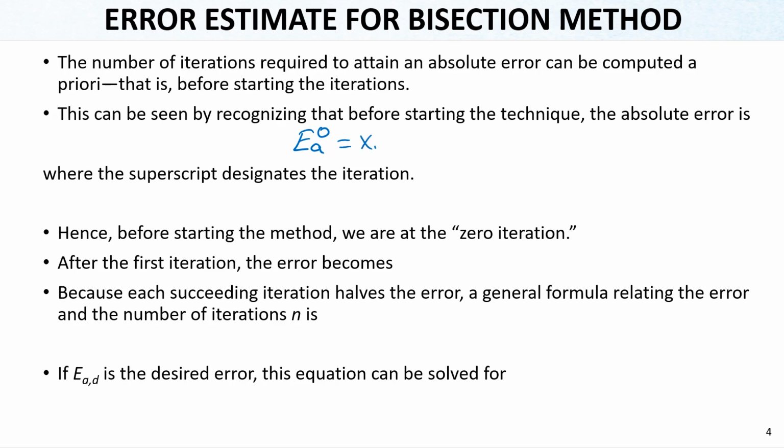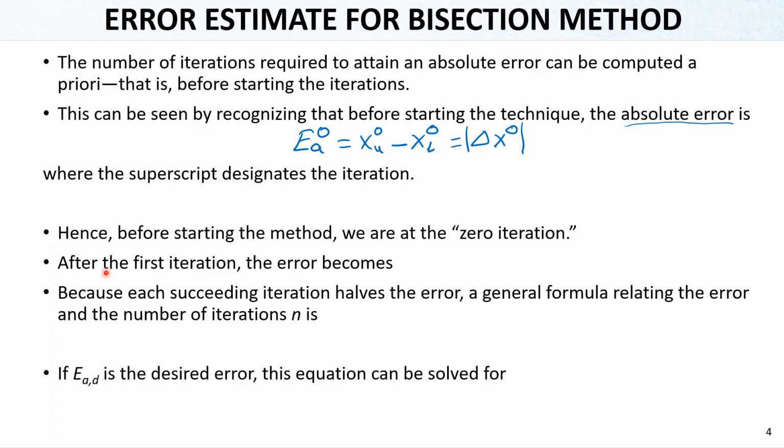is determined by the upper bound and the lower bound. This is just the initial error, let's say delta x, the initial absolute error. The superscript zero designates the iteration.